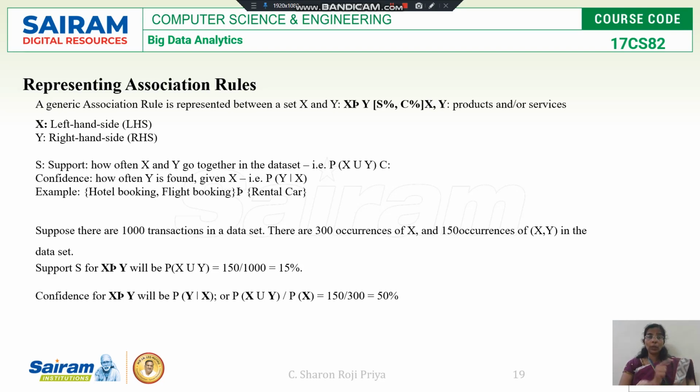When X is present, how often is Y there? Among these 1000 transactions, X is present for 300 occurrences. Out of these 300 occurrences, only 150 occurrences have both X and Y together. So the confidence is 150 by 300, that is 50%. This is how you are supposed to calculate your support and confidence.